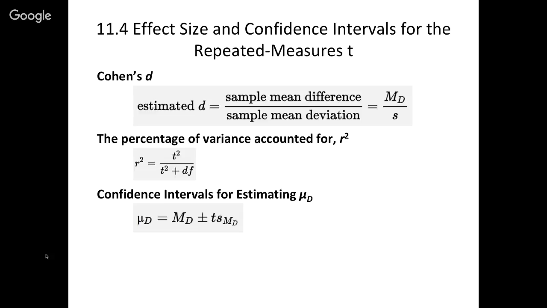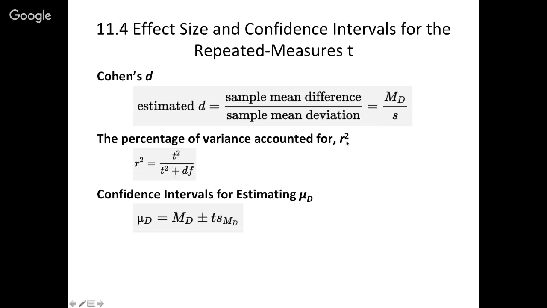We also have three measurements of effect size. The first one is Cohen's d. For Cohen's d, we usually use the sample mean difference divided by the sample standard deviation. Here is the mean of the D scores, and here is the standard deviation of the D scores.